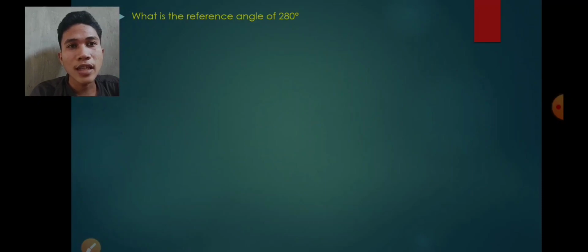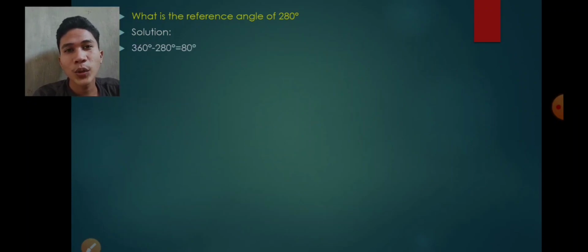So what is the reference angle of 280 degrees? So solution, 360 degrees minus 280 degrees. So the answer is 80 degrees. The quadrant of 280 degrees is in quadrant 4.